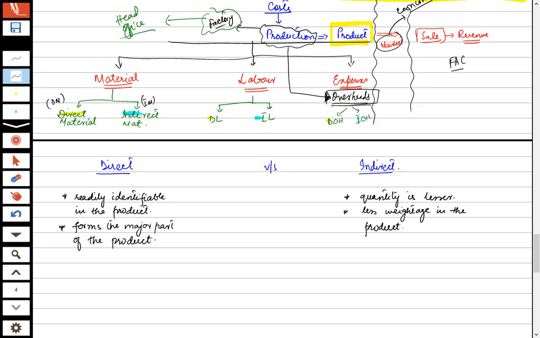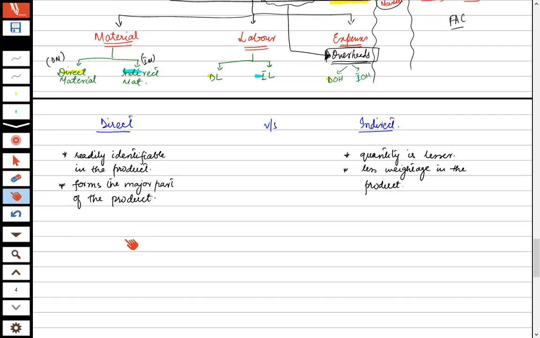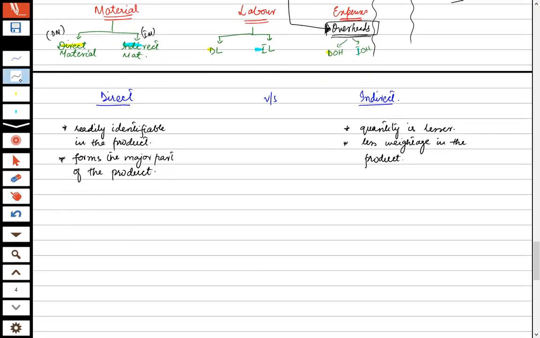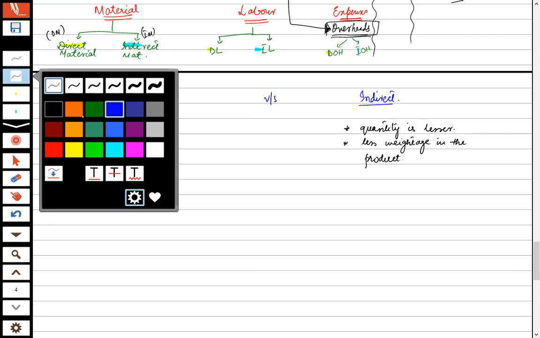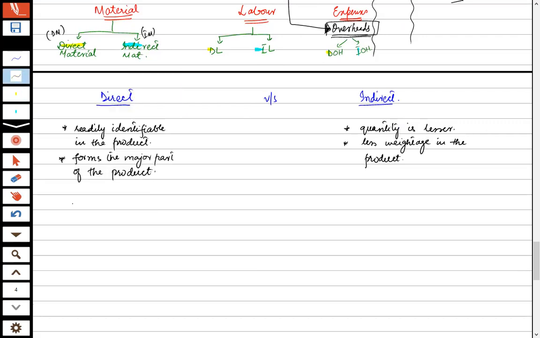Okay. Now, if we take the examples separately, let's take an example of an organization making shirts. So, what would be the direct material and what would be the indirect material?